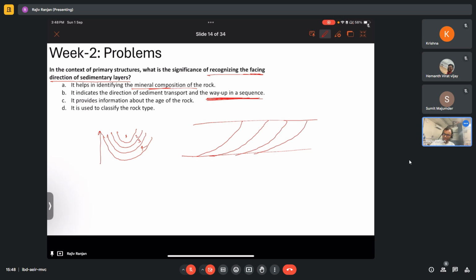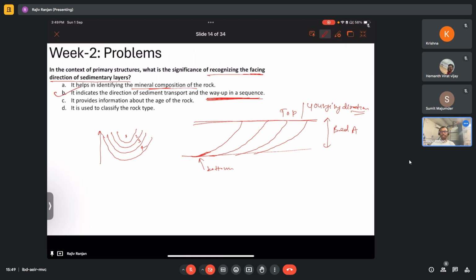We know this asymptotic bottom gives the bottom of this bed. Suppose this is bed A. This truncated part gives us the top direction, or younging direction. So primary structure is important because it gives us the younging direction or way up sequences.